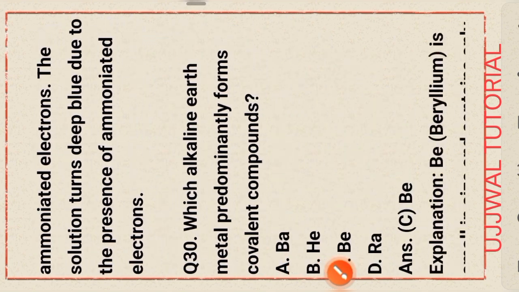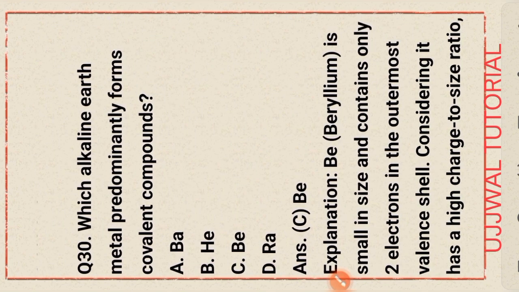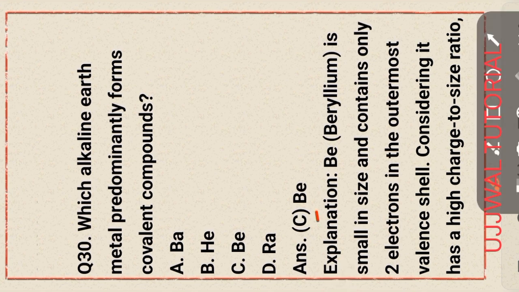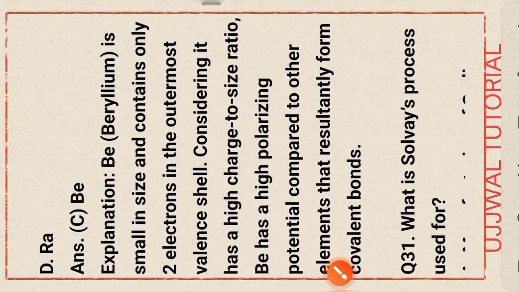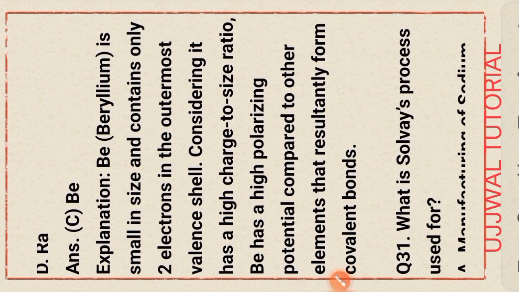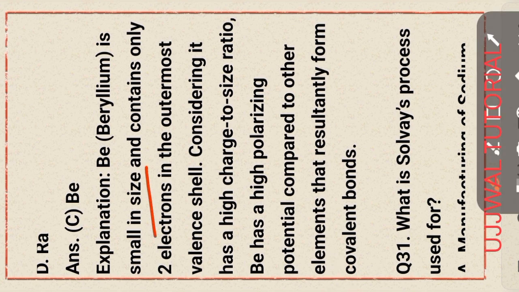Okay, next question. Which alkaline earth metal predominantly forms covalent compounds? That is option C, beryllium. Due to the explanation, beryllium is small in size and contains only 2 electrons in the outermost valence shell.